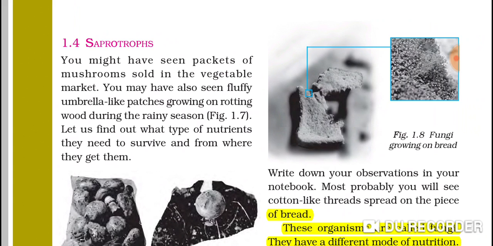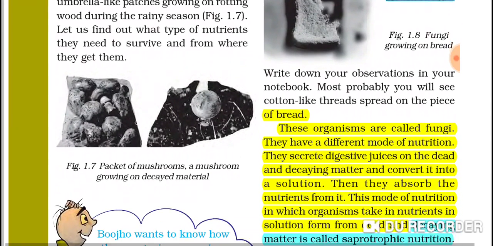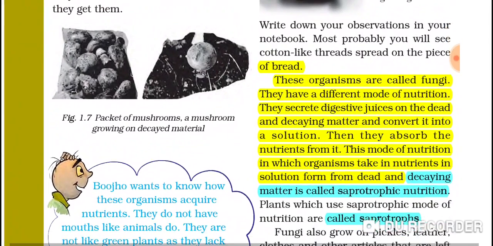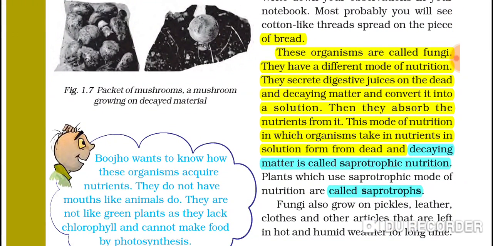Example: mushroom is also a saprophyte. They do not prepare their own food because they do not have chlorophyll, and therefore they secrete their digestive juices on the dead and decaying matter and convert it into a solution. Means they always grow on dead and decaying matter. We have seen that mushrooms always grow on wood, or for example the fungi on the bread.